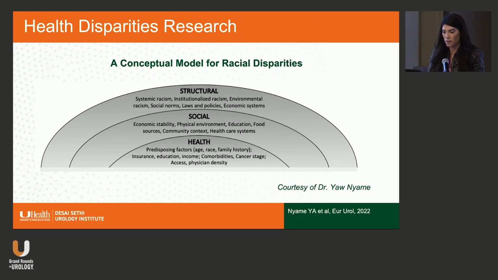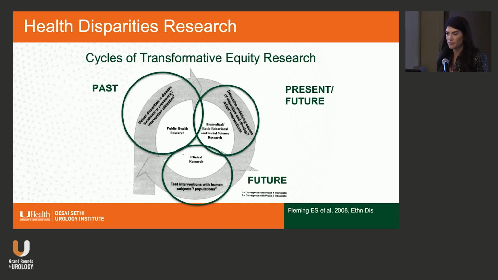First, there are contributions from health: predisposing factors, age, race, insurance, education, income, comorbidities, access, and physician density in their area. Socially, economic stability, physical environment, education, food sources, community context, and healthcare systems, and structural components: systemic racism, institutionalized racism, and economic systems and social norms also.